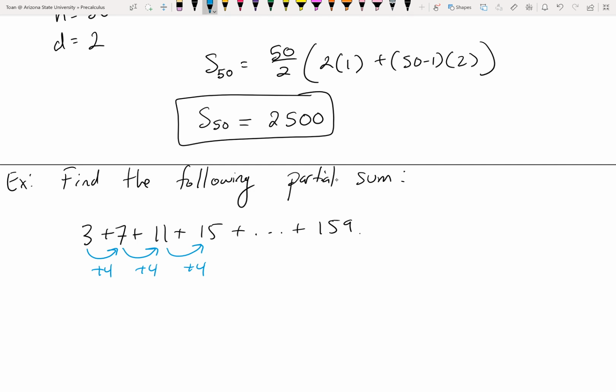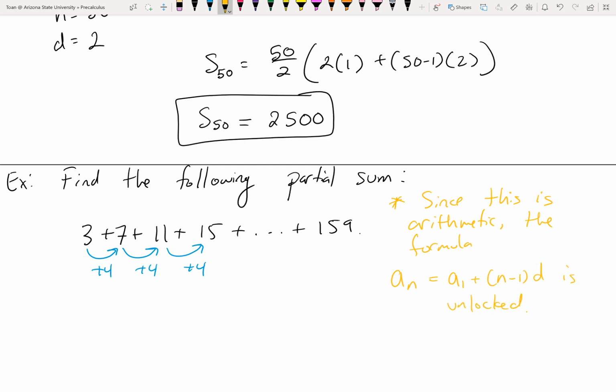Well, they do tell us that the very last number is 159. We just verified that it is arithmetic. So recall, since this is arithmetic, the formula for the specific term, a sub n equals a sub 1 plus n minus 1 d, is unlocked.